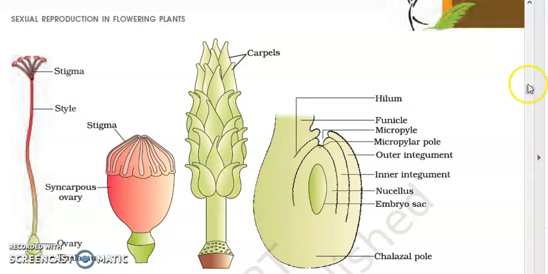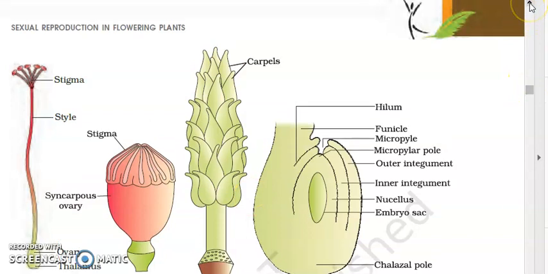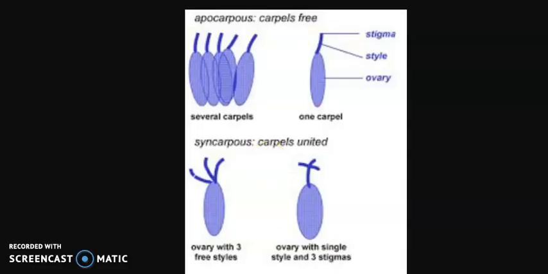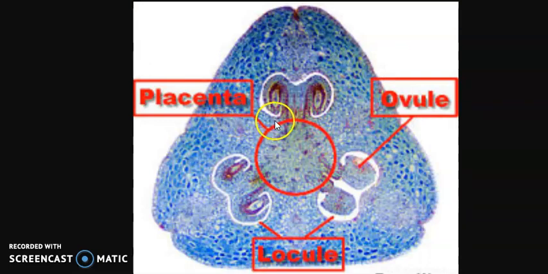And of course, what is inside the ovary? Inside the ovary, or the swollen base, we have chambers, the locules, in which the ovules are present.